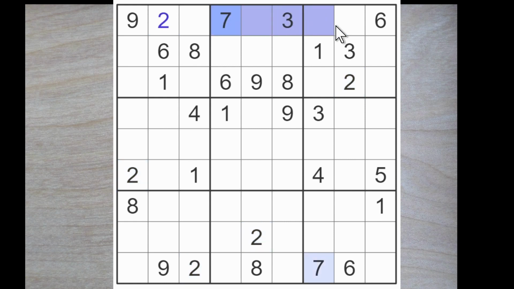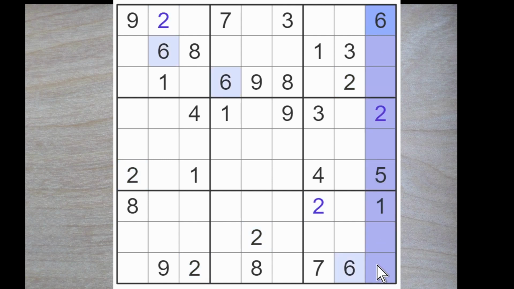I see a 7 blocking over here and 1 blocking up, so a 7 must go here or here, and therefore at some point in time in one of these 3 squares here. 2s block over, and 1, 2 blocks down, so here's a 2. And we need a 2 for this square as well, because this 2 blocks here, this 2 blocks here, and this 2 blocks here. So a 2 must go right here.